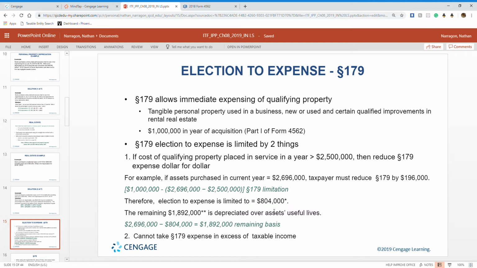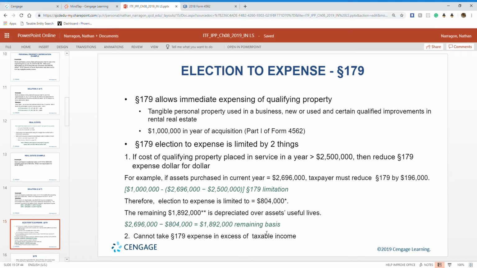The remaining asset value is basically depreciated over the asset's useful life. So again, it's taking the $2,696,000 total assets minus the $804,000 limit, and this is the remaining basis that has to be depreciated over the life.